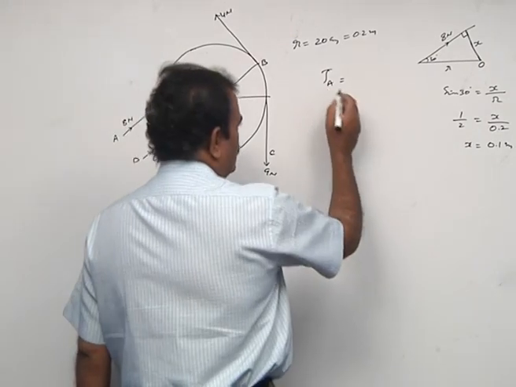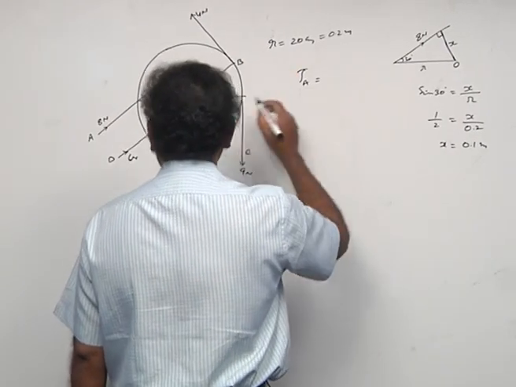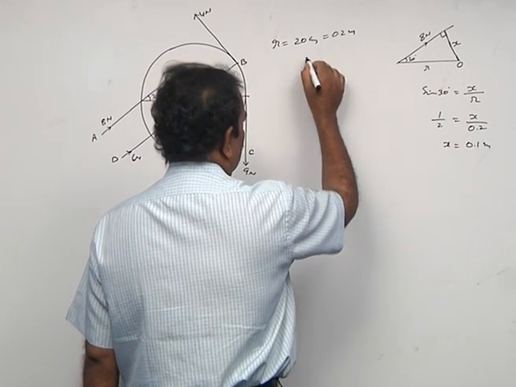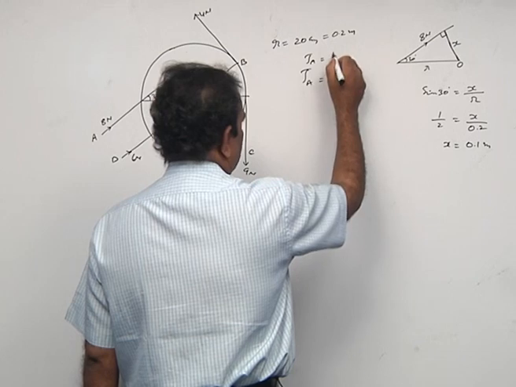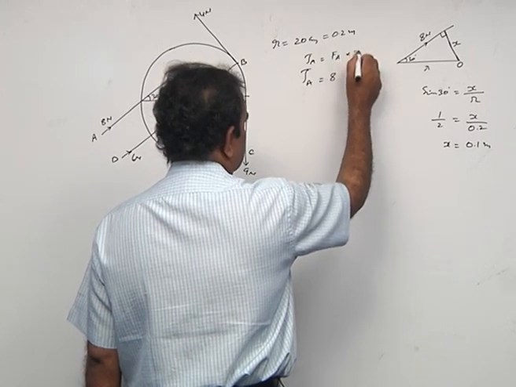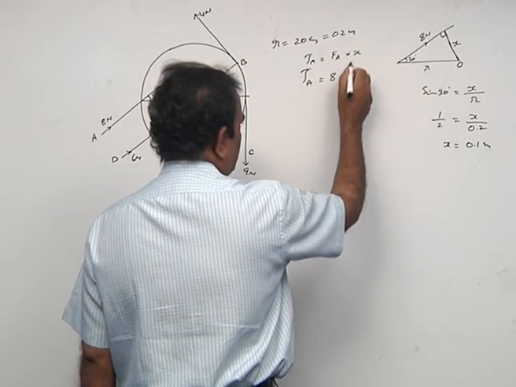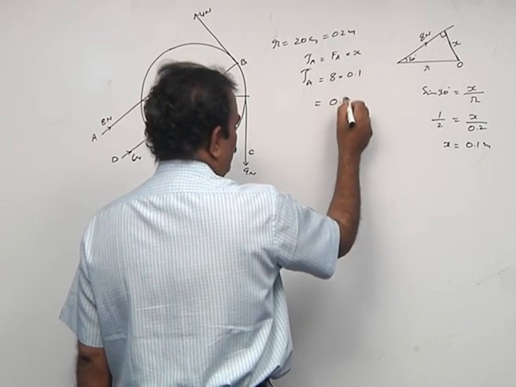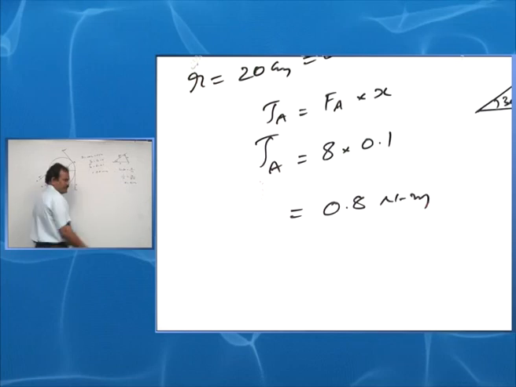So torque A is equal to the force, 8 newtons, times the perpendicular distance. Writing the formula, it is FA into X, which is 8 newtons times 0.1, giving 0.8 newton meter.